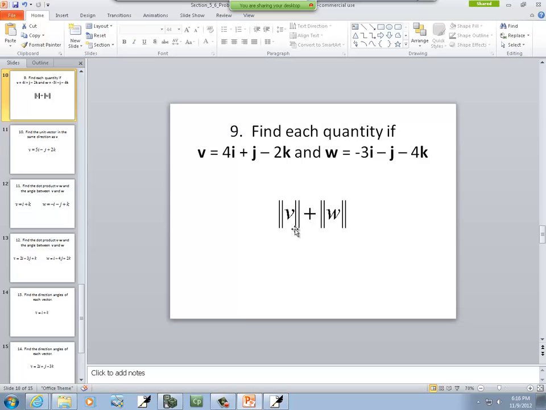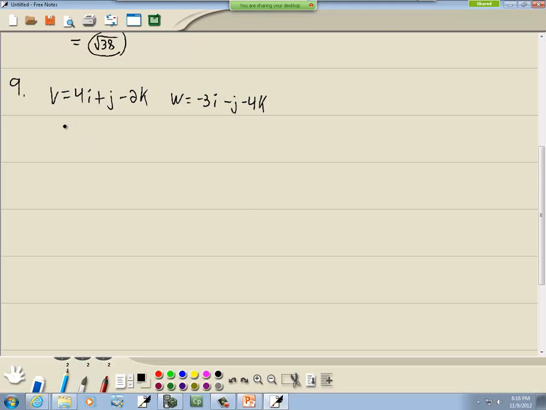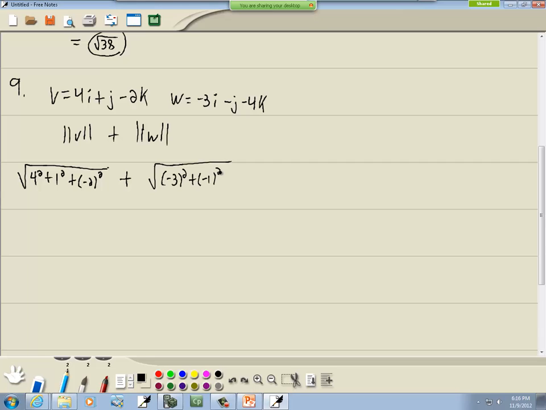And we want to find the magnitude of v plus the magnitude of w. Well, for v, I'm going to have the square root, and then I'll take each of these numbers and square them. So I got 4 squared plus 1 squared plus negative 2 squared. And we're adding them together. Plus, then the square root of the w's. So we got negative 3 squared plus negative 1 squared plus negative 4 squared.